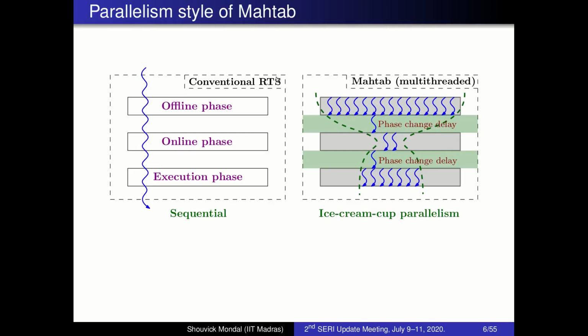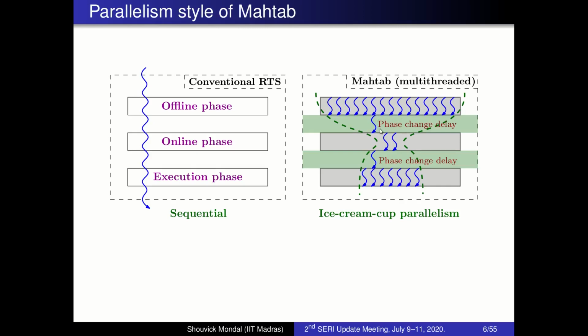Conventional RTS is sequential, in only one thread. In Mahatab we have this kind of ice cream cup parallelism. By ice cream cup we mean that the base is smaller than the upper part. The offline phase involves instrumenting and running all the test cases, right? Nothing is selective here, so there is much availability of parallelism.